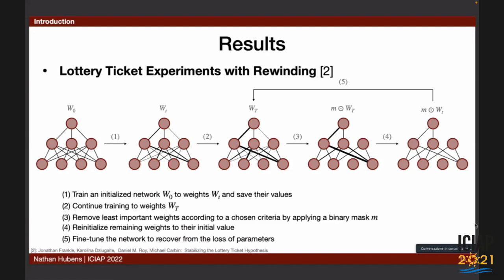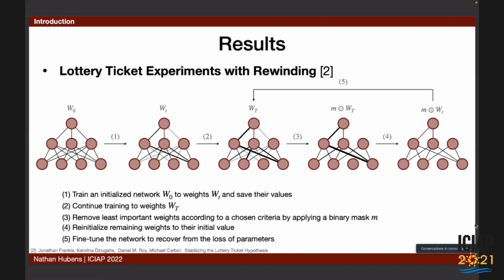We then train it to completion, apply the pruning, and instead of continuing the training, we reset the values of the weights to the values that we saved before. By doing so for several iterations, we extract what is called a winning ticket, which corresponds to the network that should be at least as efficient and train at least as fast as the complete network.